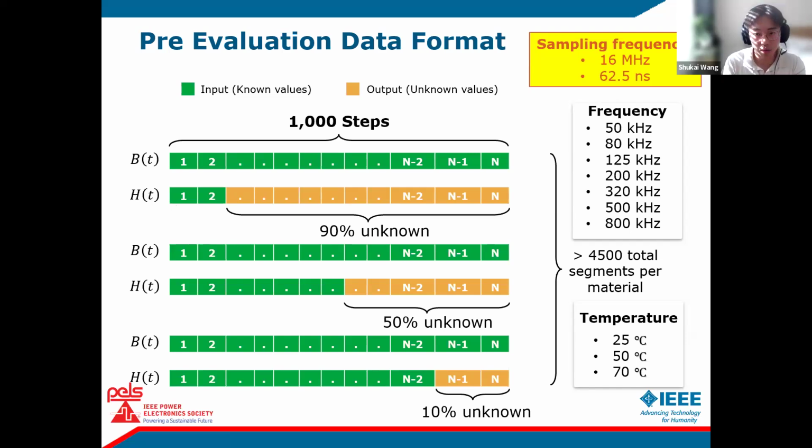All in all, you will have three different types of data length for your H's that your model will need to adapt to give the full prediction. For each material, we have a minimum of around 4,500 total segments, so you will have plenty of segments to test your model on.